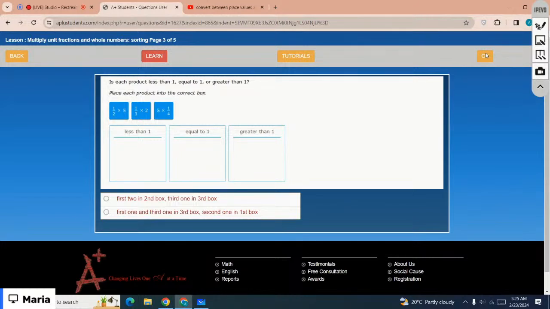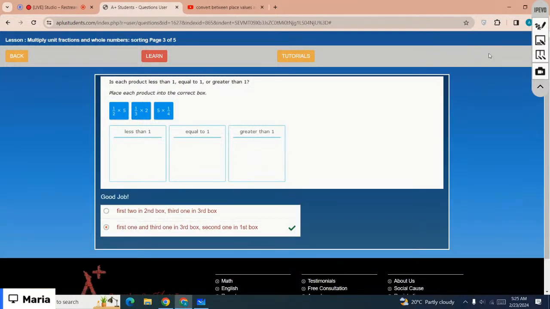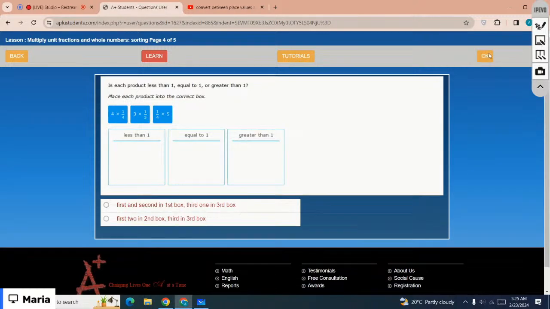Which is the correct one? Yes, that's the second one. The first and the third one are in the third box, and the second one is in the first box. Option number 2 is the correct option. No, option 2.